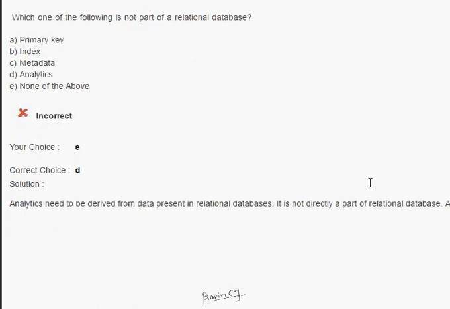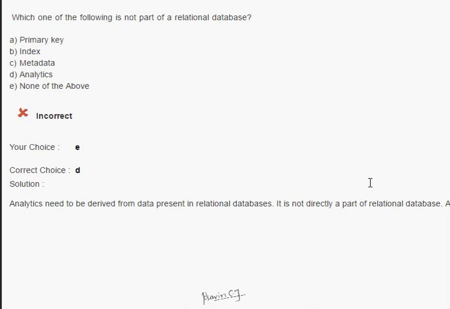Which of the following is not a part of a relational database? A relational database is the most important term in terms of RDBMS. Options are primary key, index, metadata, analytics, none of the above.